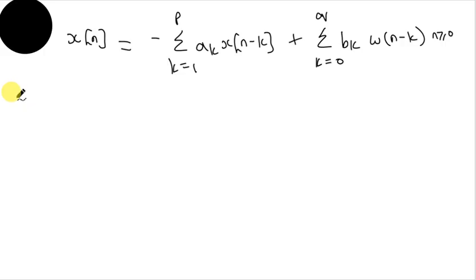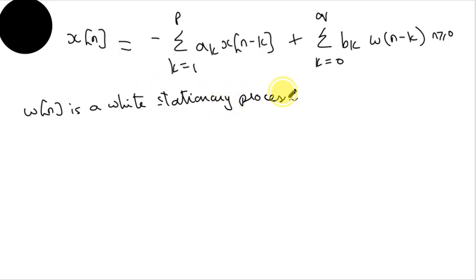Here w of n is a white stationary process. By now you should have got very comfortable with this. If this is a white stationary process, one more additional thing is its mean equal to 0. So E of w of n is equal to 0 for all n greater than or equal to 0.